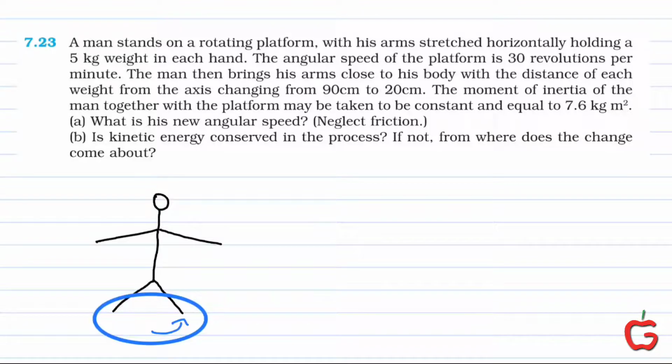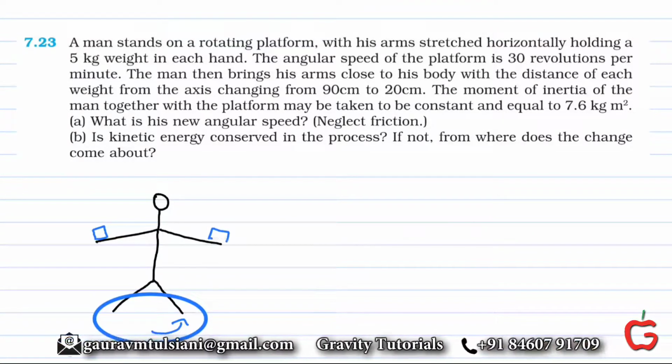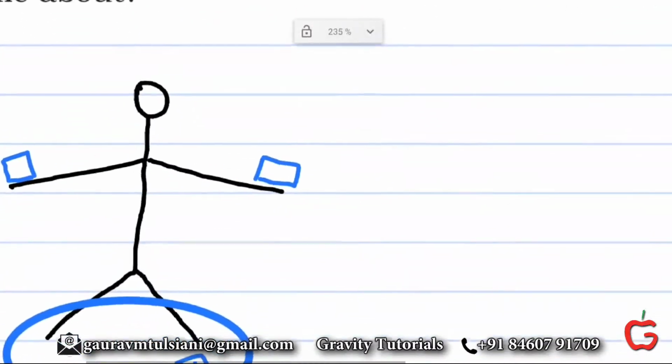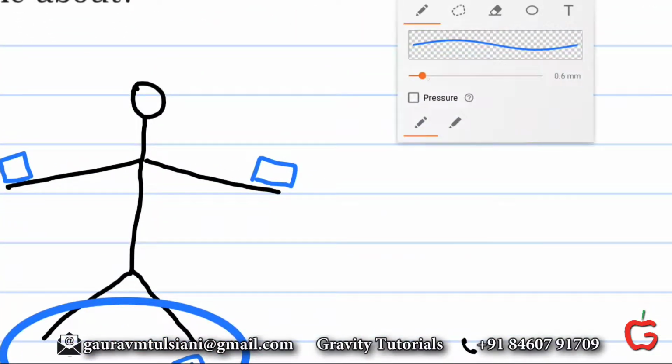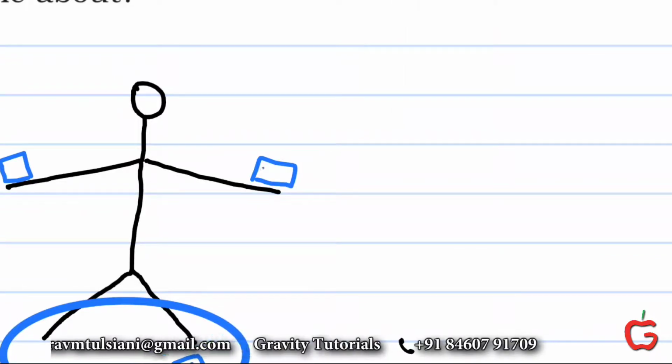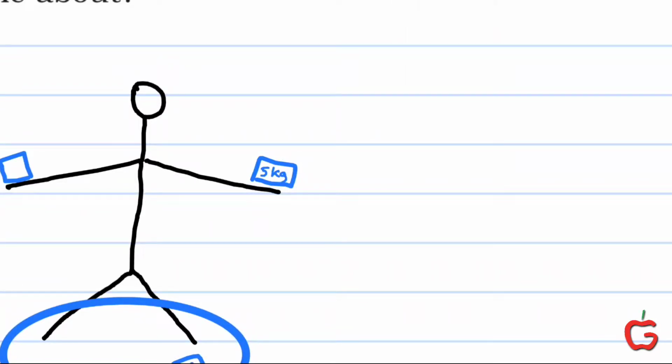The moment of inertia of the man along with the platform is given to be 7.6. The man holds 5 kilogram weights in both his hands.